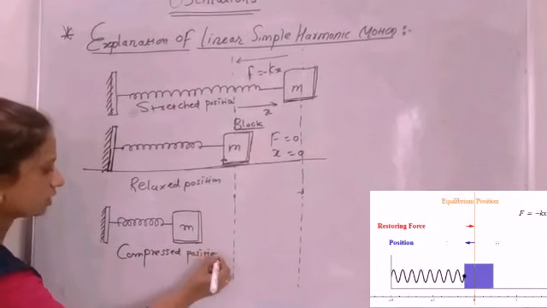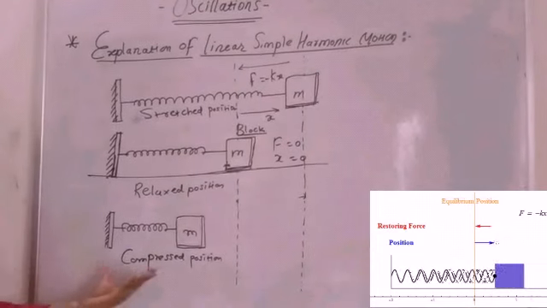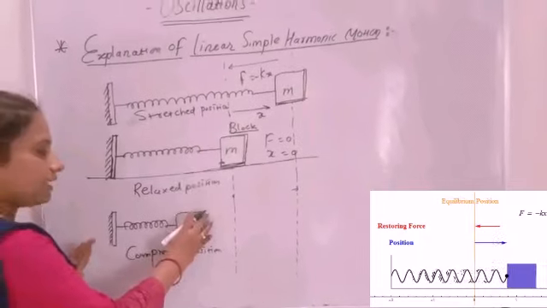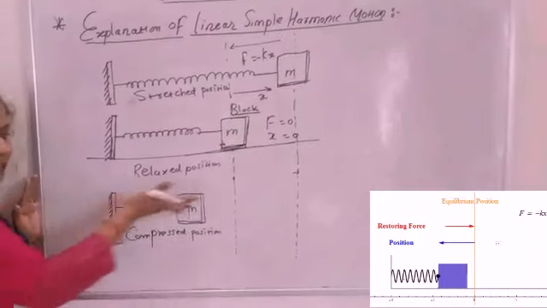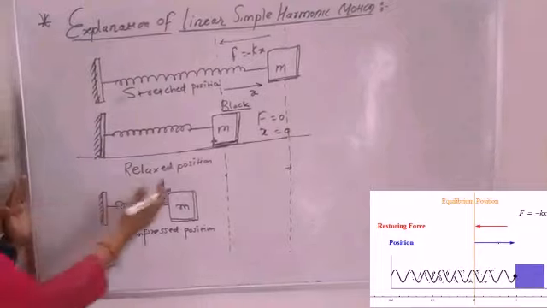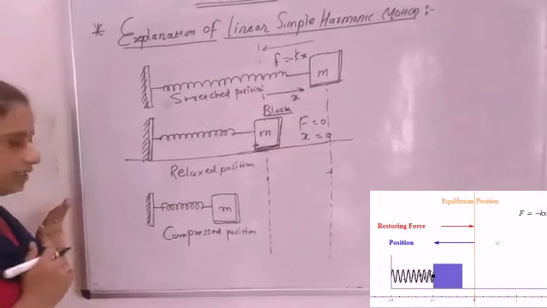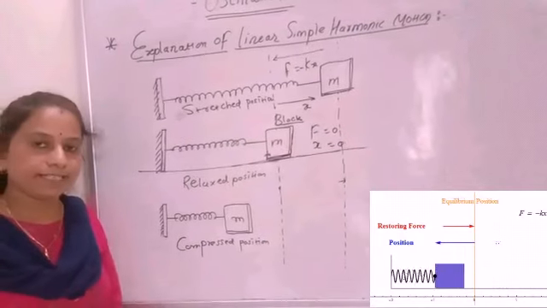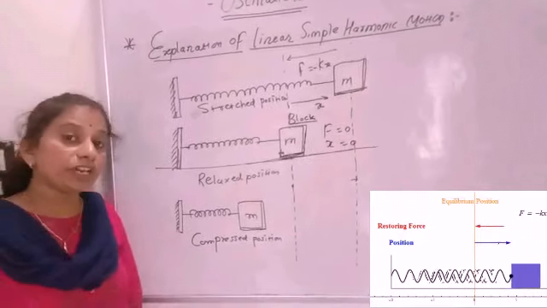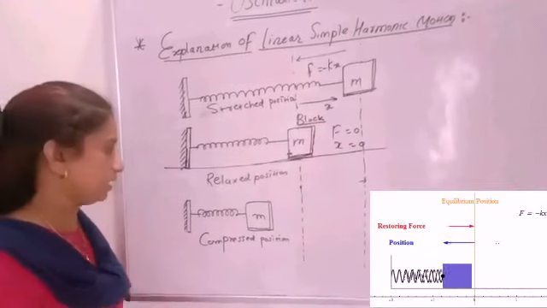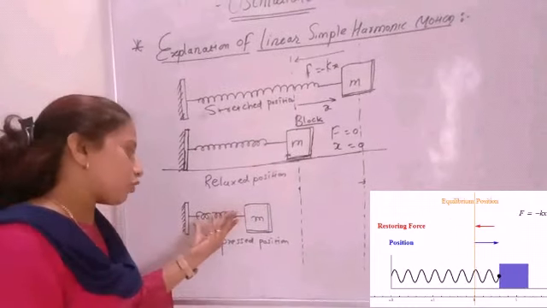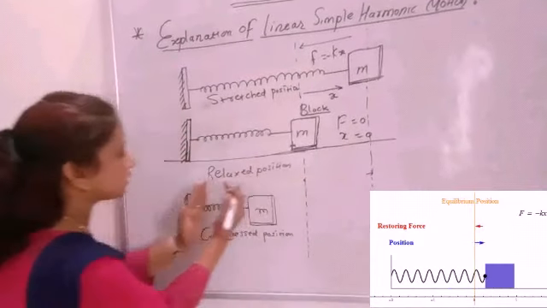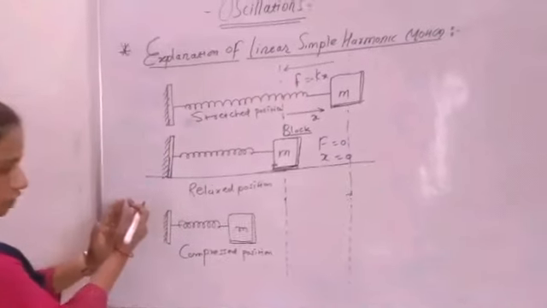Now in the compressed position, this block of mass m is pushed to the left side, and the spring is now compressed. The spring has the property of elasticity, meaning it regains its original shape and dimensions. Here the spring gets compressed and the block moves towards the left, that is, towards the equilibrium position.